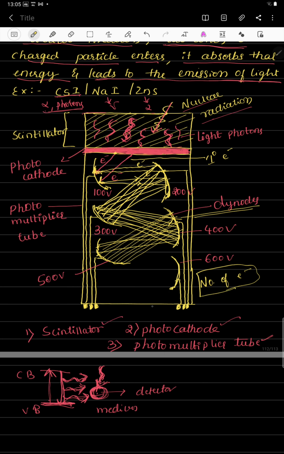Now all these electrons are fed to an electronic circuit, in which we can find the intensity of the entering nuclear radiation and the type of radiation coming in. Just like in the GM counter, there is a resistor and an external battery.